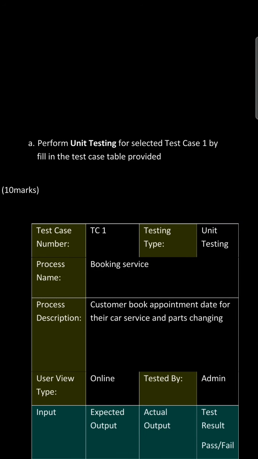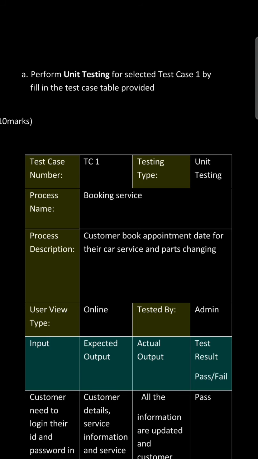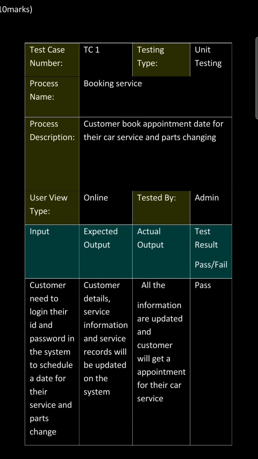So the process name is booking service and the description is customer books appointment date for their car service and part changing, and the user view type is online and tested by admin, and the input is customer needs to log in their ID and password in the system to schedule a date for their service and part change, and the expected output is customer details, service information and service records will be updated on the system, and the actual output is all the information is updated and customer will get an appointment for their car service. So the test result is pass.